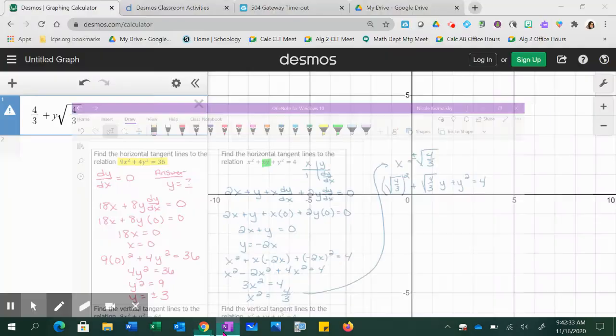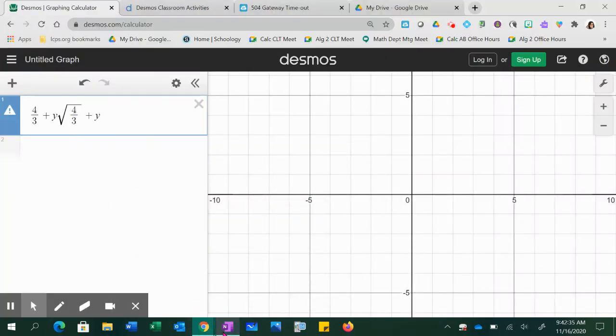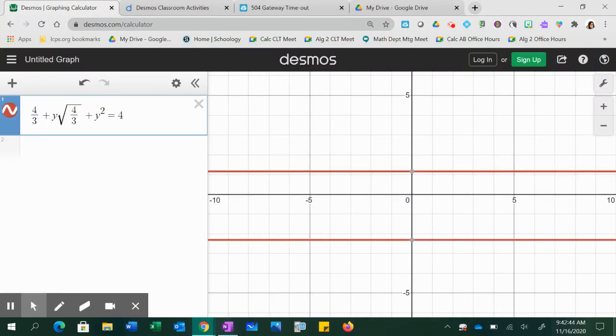And then we're going to say plus y squared equals 4. And sure enough, it gives us 2 lovely decimals that count as our answer. Okay.